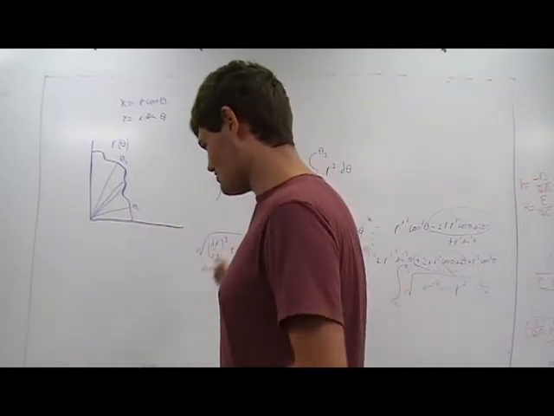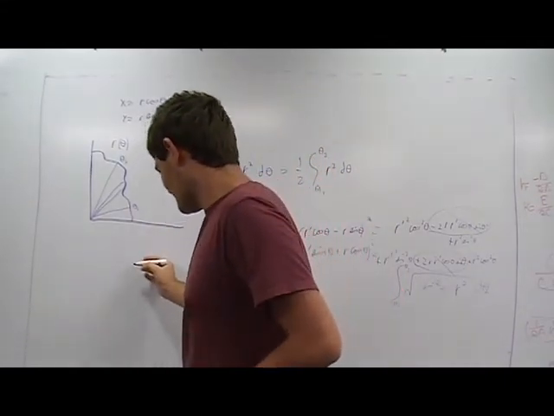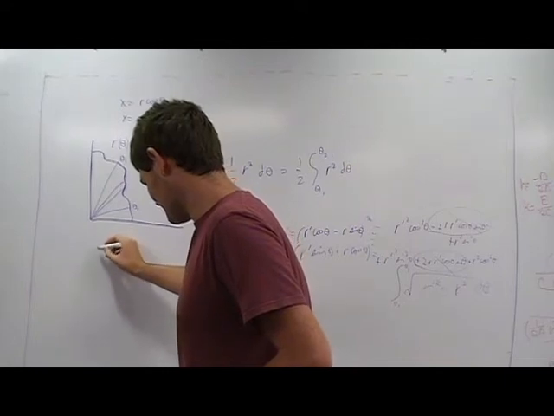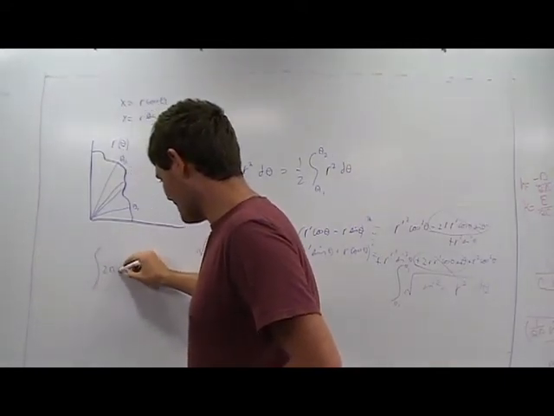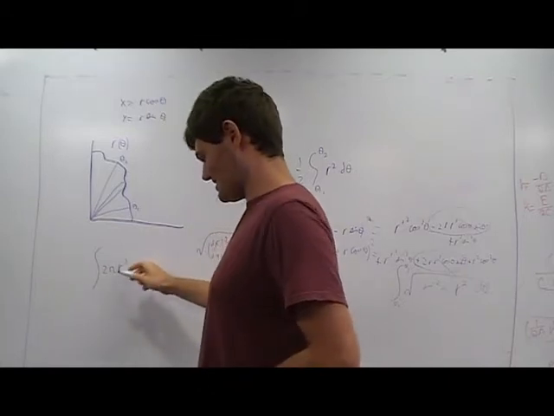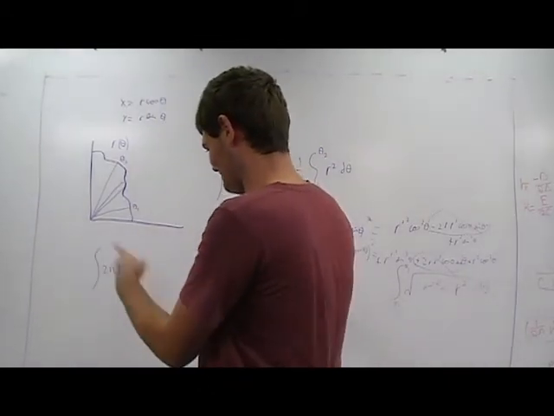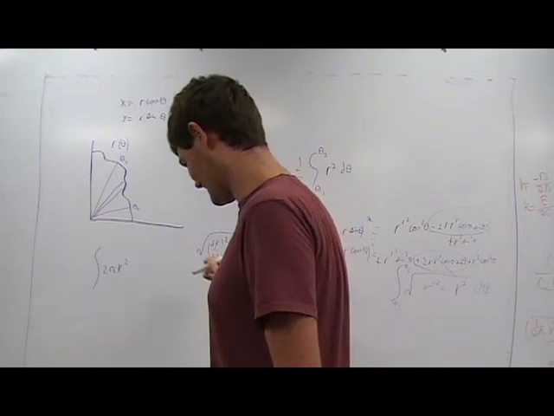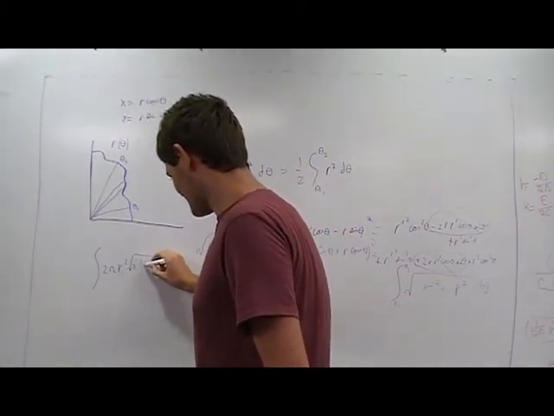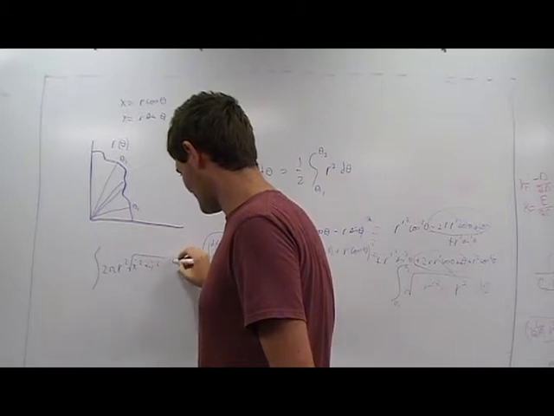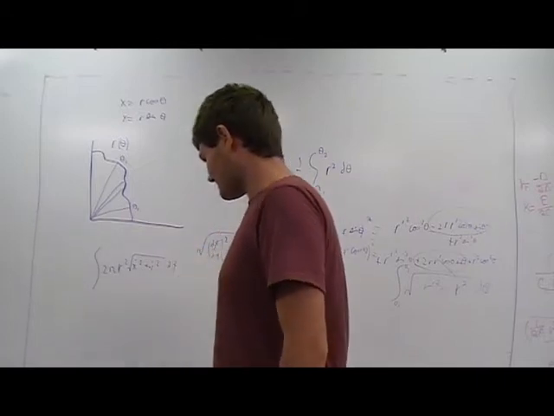It's actually not too bad. If you remember, the parametric form is 2 pi r, where r is the height in this direction or in this direction, depending on which axis you're rotating it around, and the arc length, which is the square root of x dot squared plus y dot squared dt.